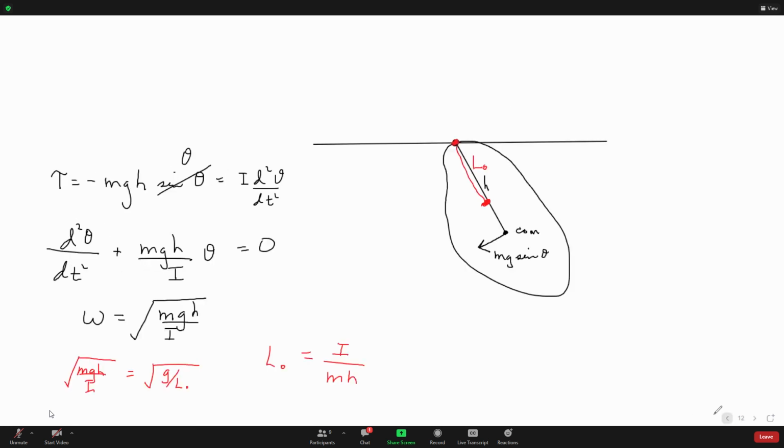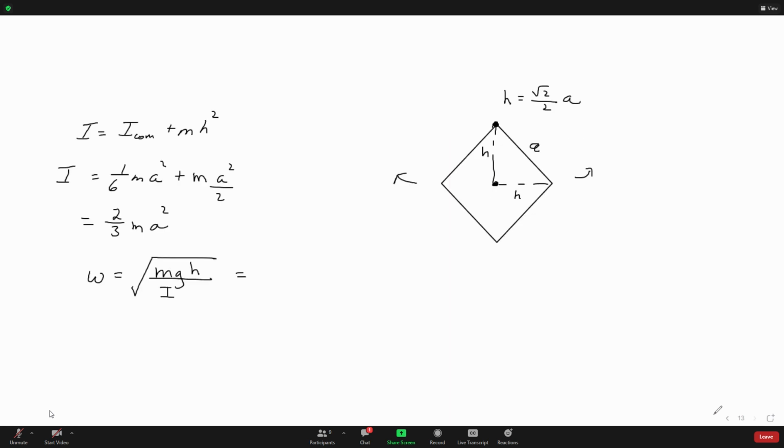So mgh over I, and that's going to be the square root of m times g times a divided by the square root of 2, divided by I, which is 2/3 m a squared.